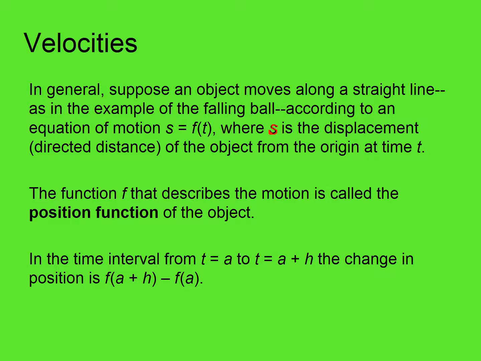So in the time interval from t1, which is say a number a, to t2, which is a plus h, the change in position is the difference in the evaluations of the position function for those two inputs.